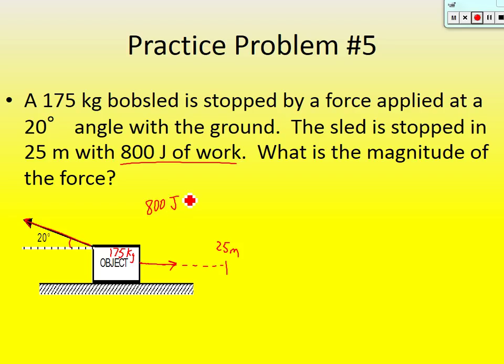The question says, what is the magnitude of the force? We're looking for the force in this rope here that's stopping the bobsled. Now that we know that, let's go back and write down our equation for work. Work is equal to a force times a distance.